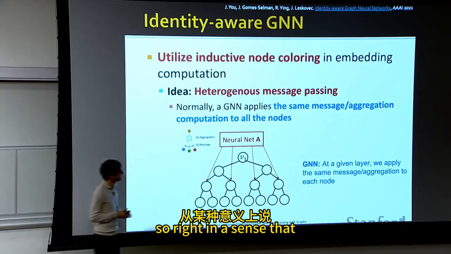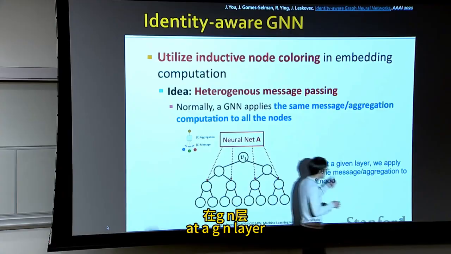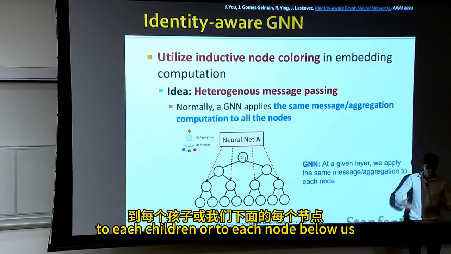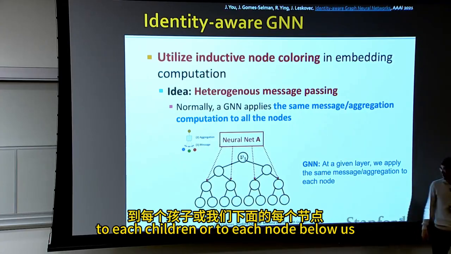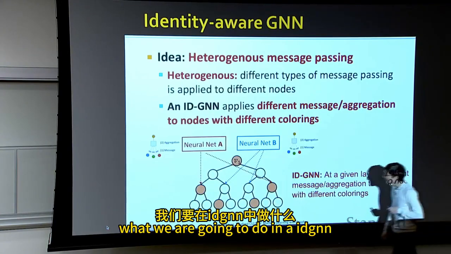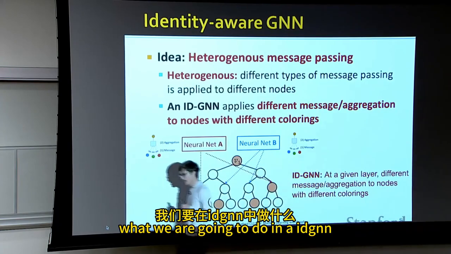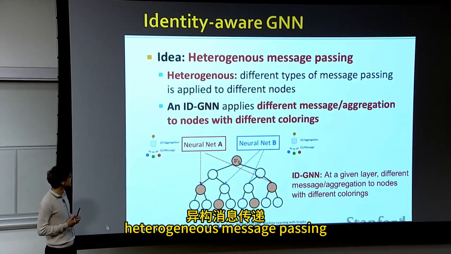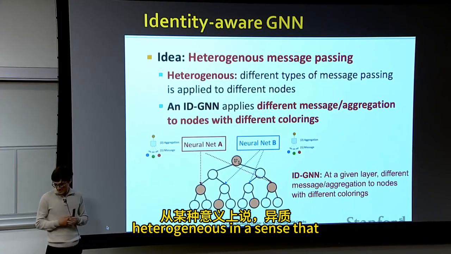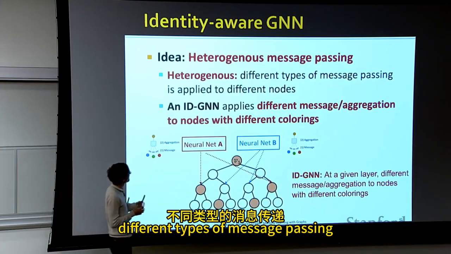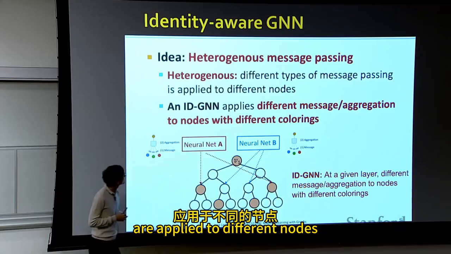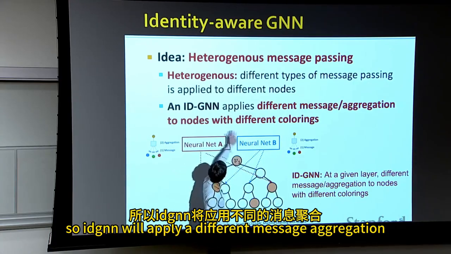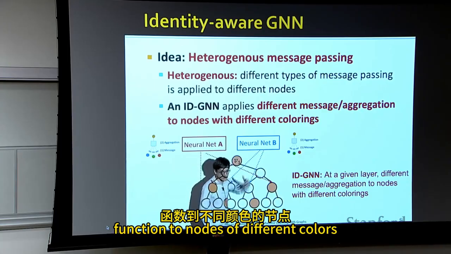Right, in the sense that at the GNN layer, we apply the same message aggregation to each child, or to each node below us. What we are going to do in an ID-GNN is heterogeneous message passing. Heterogeneous in the sense that different types of message passing are applied to different nodes. So ID-GNN will apply a different message aggregation function to nodes of different colors.